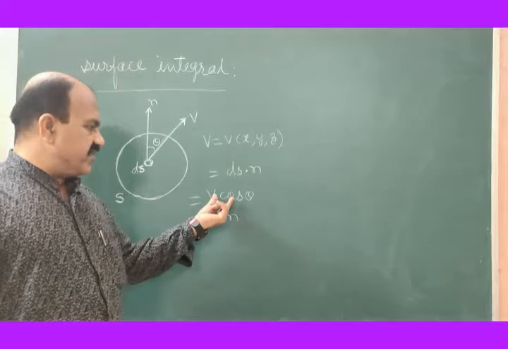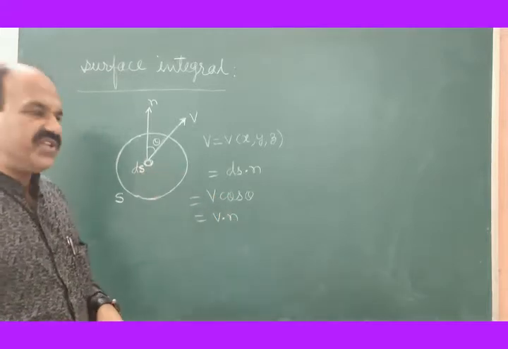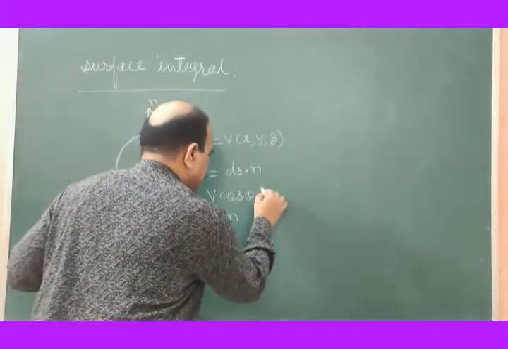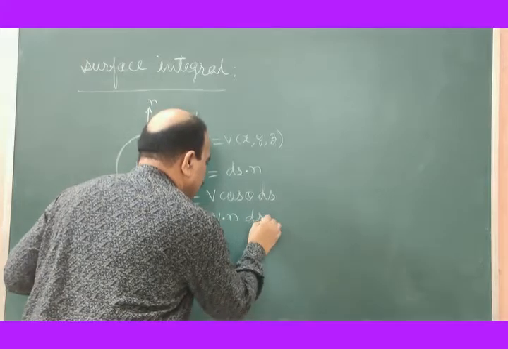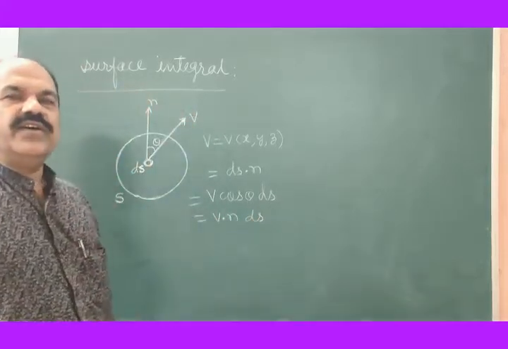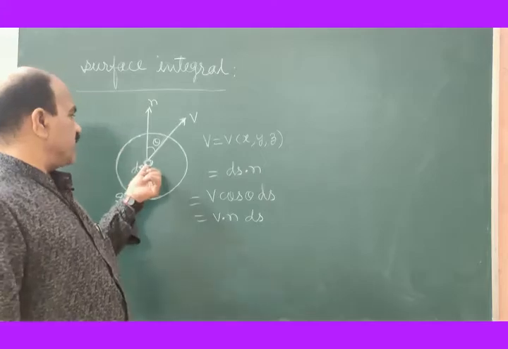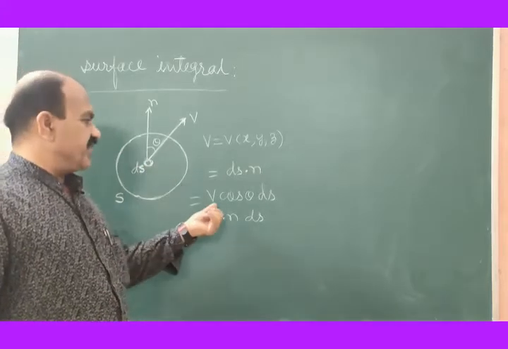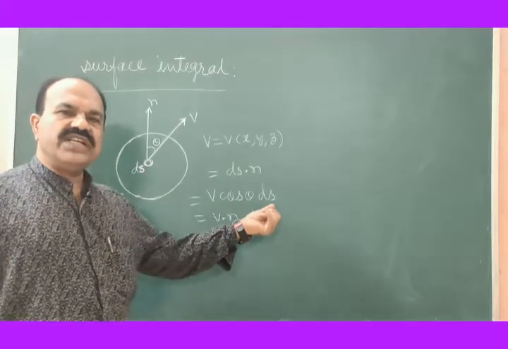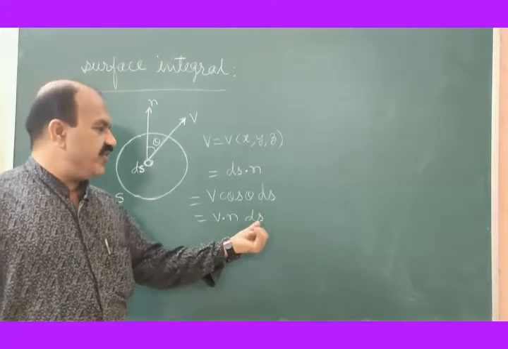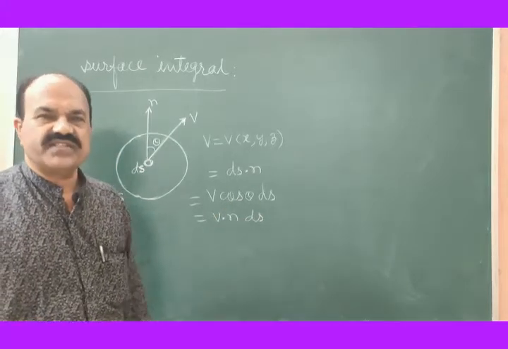What will be its value over the surface ds? The flux of the vector field over surface ds will be V cos theta ds or V dot n ds.